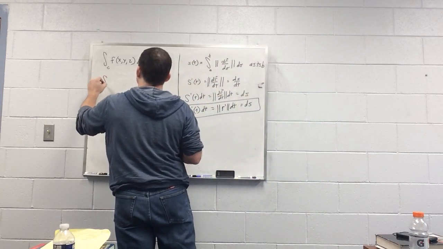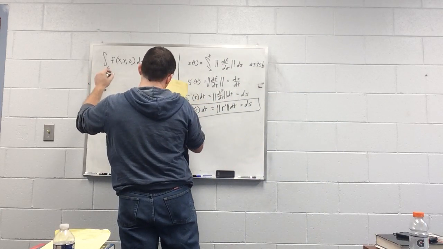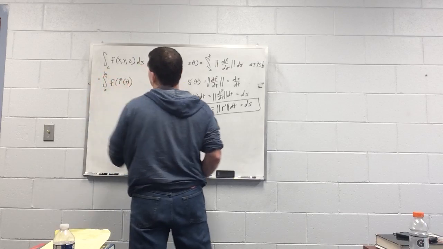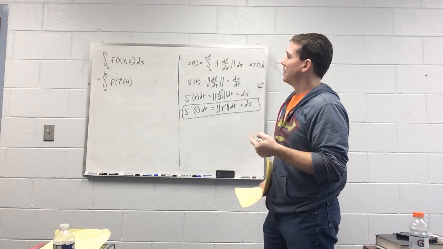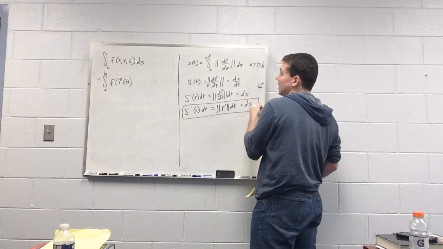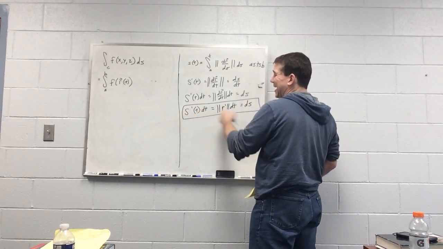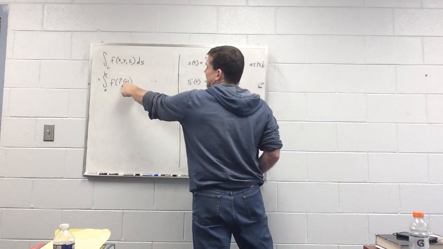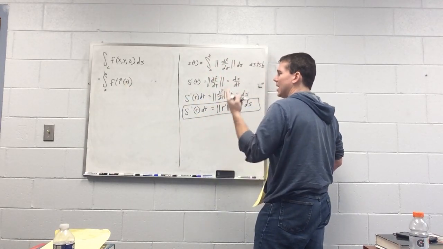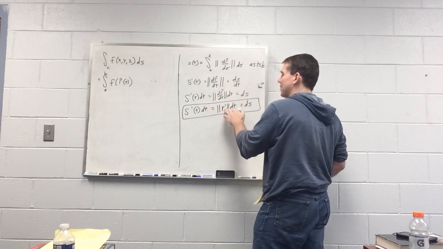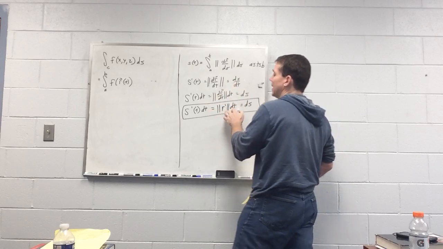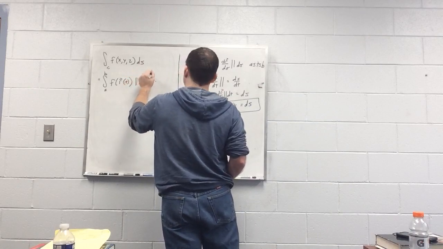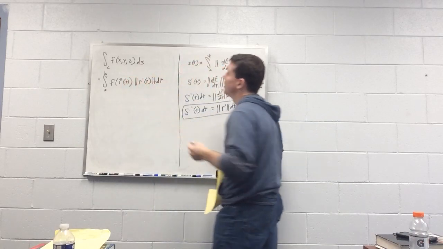So this will be the integral from a to b of f of r of t. But then ds, using this right here, I can write in either of these forms. But ultimately, since this is in terms of r of t, I want to have my whole integral in terms of r of t. So I'll use this form right here. R prime of t dt.